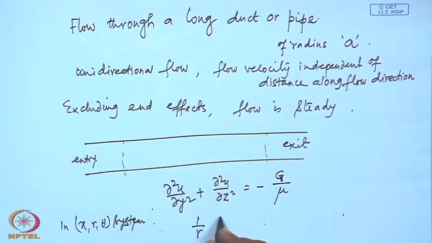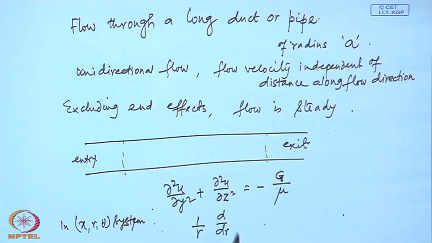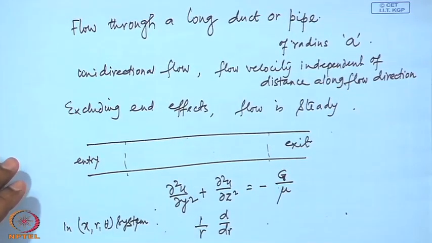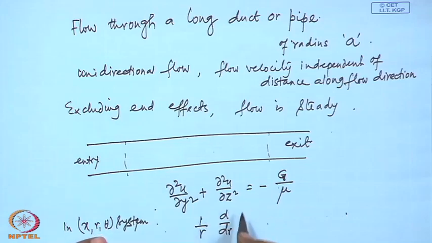1 by r d d r. See, we need not even write partial derivative, because there is no variation in x, that is already the case. The flow is independent of flow direction and there is no change in theta direction also. So, only change in r direction. So, it is the ordinary derivative.